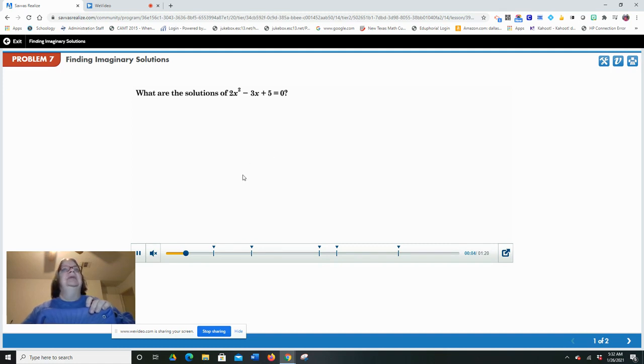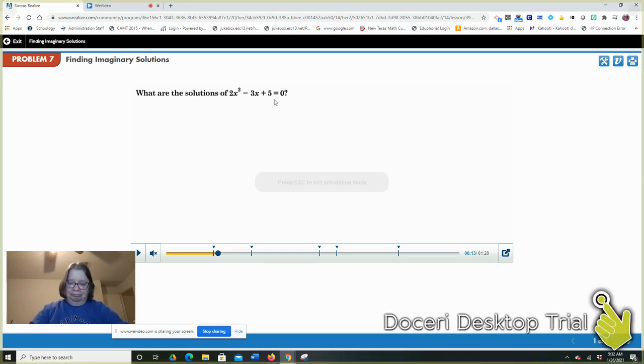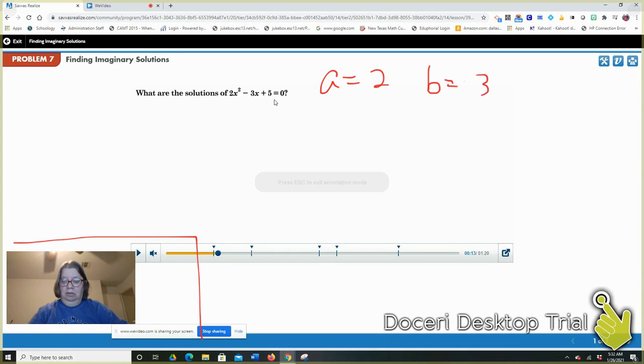So how does this i come into play when you have a quadratic equation? Because we're going to do more of this tomorrow, but I do think there might be one on your Realize assignment. 2x squared minus 3x plus 5 equals 0. All right. So I'm going to use the quadratic formula. And I have a is 2, b is -3, c is 5.